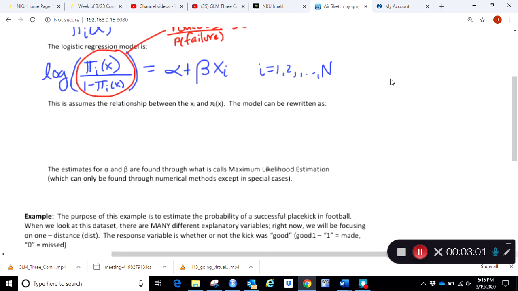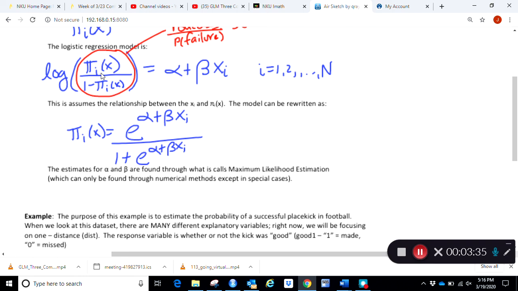Now going back to actually looking at our model, this assumes that the relationship between x_i and pi_i of x is this relationship. So then this model can be rewritten when I want to solve it in terms of pi instead. That pi_i of x would be e to the alpha plus beta x_i over 1 plus e to the alpha plus beta x_i.